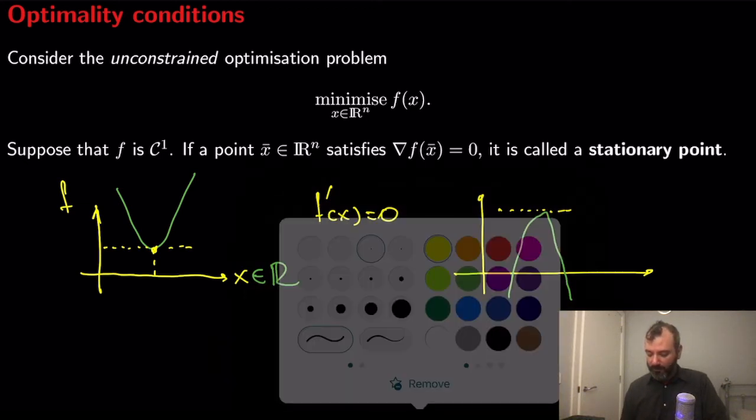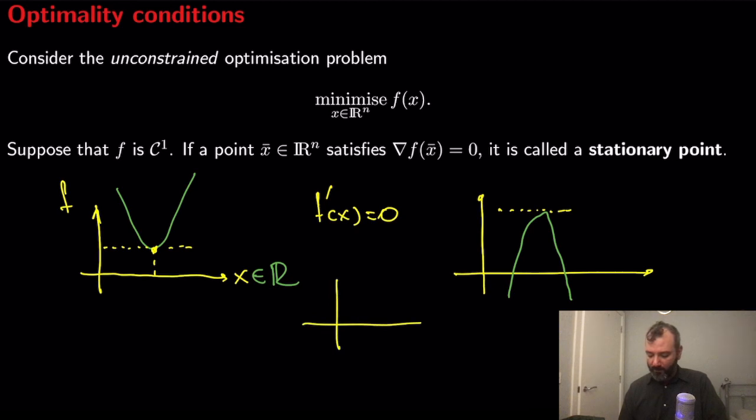But you might find something that is neither a minimum nor a maximum because your function may look like this. x to the power 3 looks like this. So in that case, if you set your derivative equal to 0, you will end up at this point, which is not a minimum, it is not a maximum.